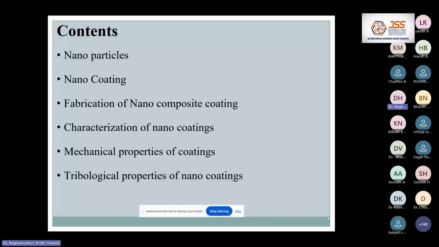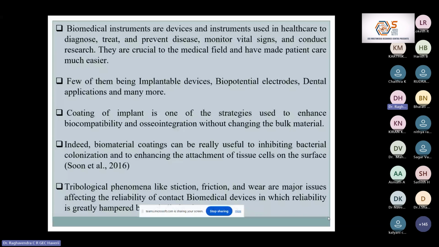So let me speak about biomedical instrumentations. We know that different devices and instrumentations are used in healthcare to diagnose, treat or prevent disease, monitor and conduct research. They are all crucial to the medical field and have made patient care much easier.